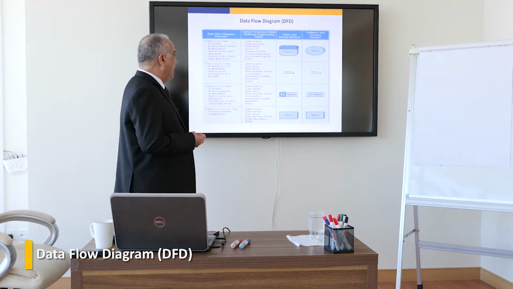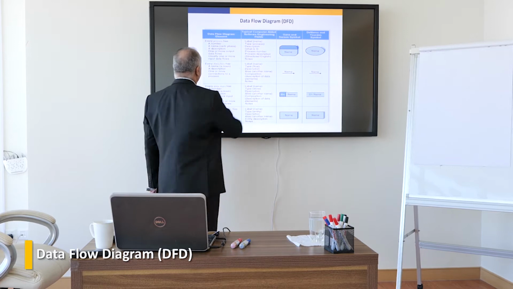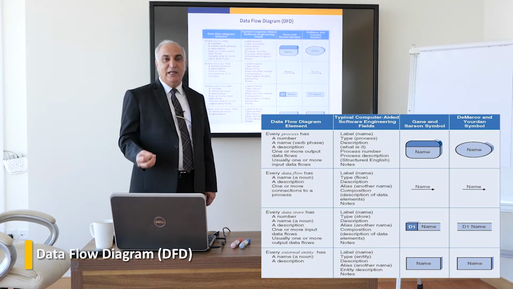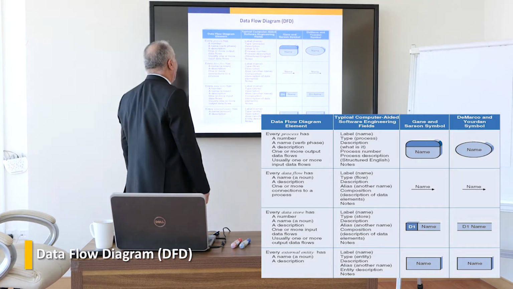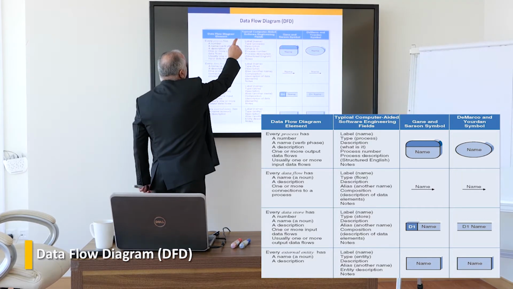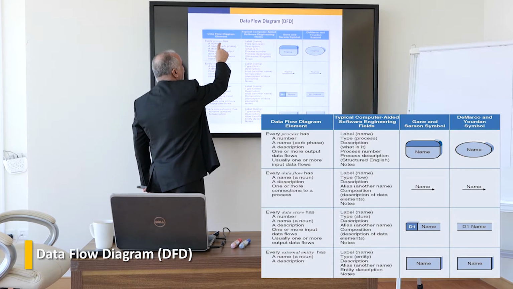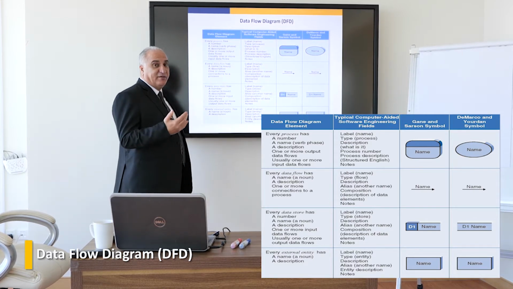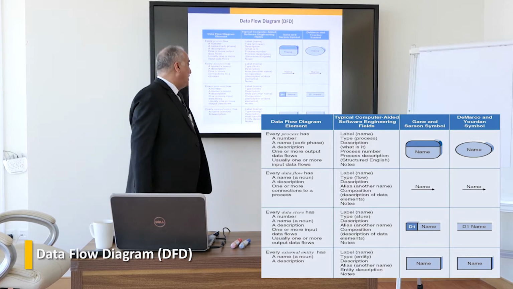In a data flow diagram, we have one of the models called the process model, and we call that an element of the data flow diagram. So a data flow diagram has an element which is called a process. It has another element which is called the data flow, how the data flows into the process.